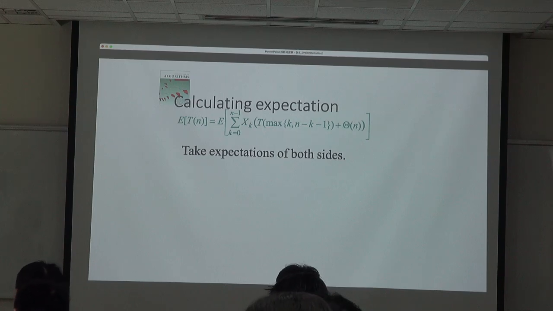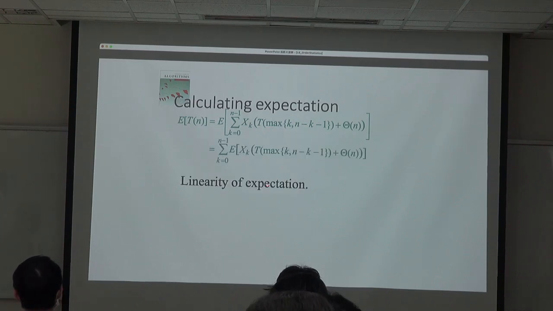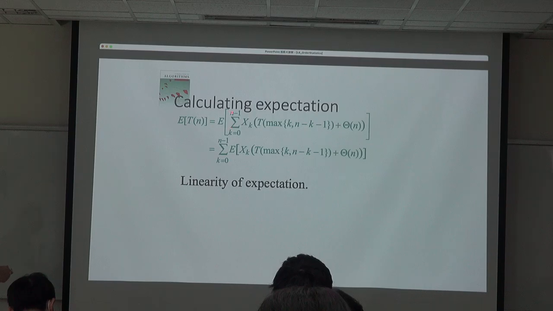And because of linearity of expectation, you can put the E inside the summation. So it's going to be something like this. And then you apply E on this part, and you apply E on the other part.